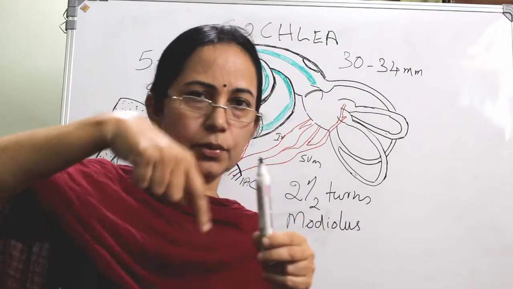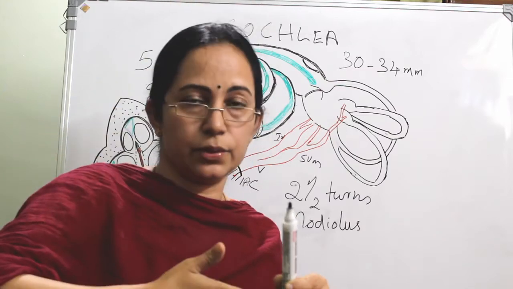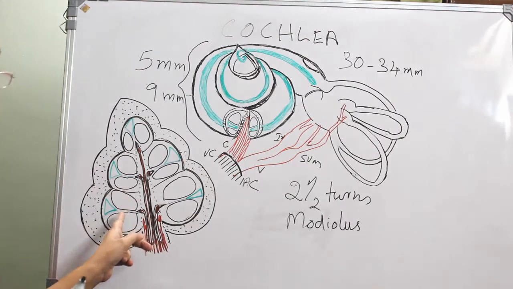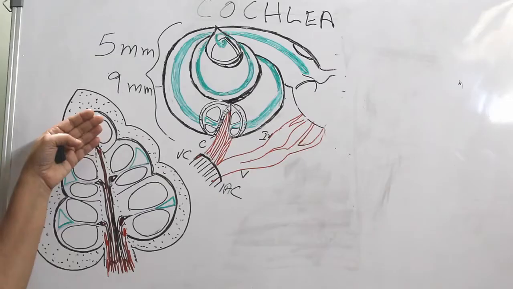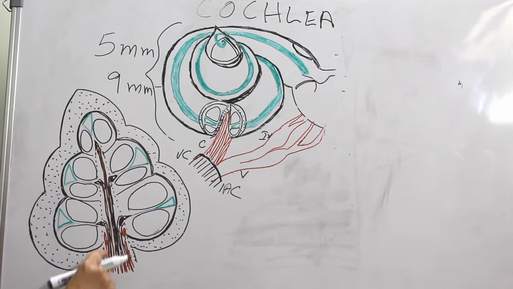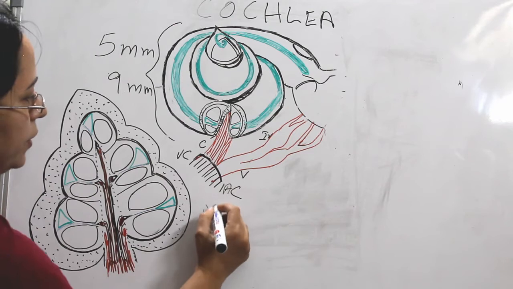The cochlea is wound right around that, and if you take a cross section, it will be like this. This is a cross section showing the Modiolus, the central part. So that is the Modiolus.